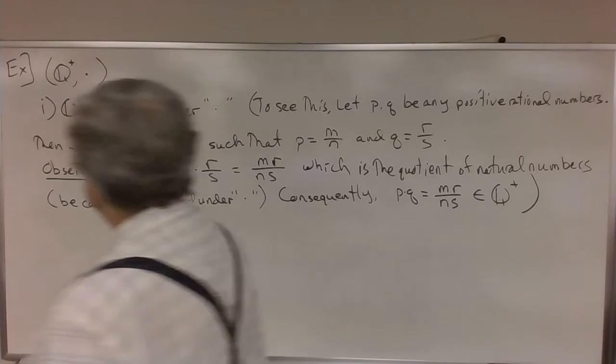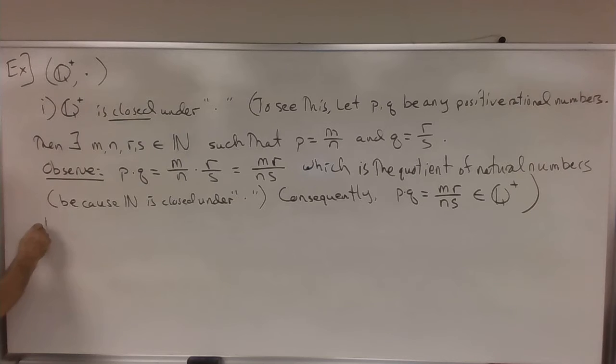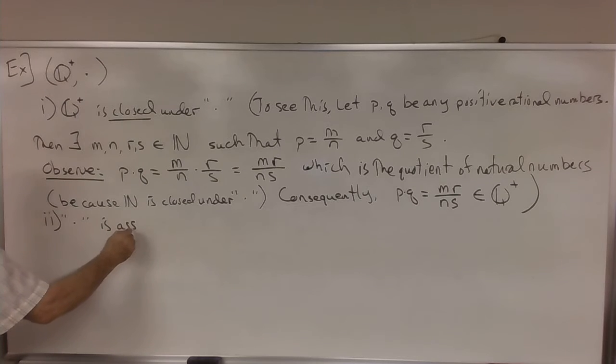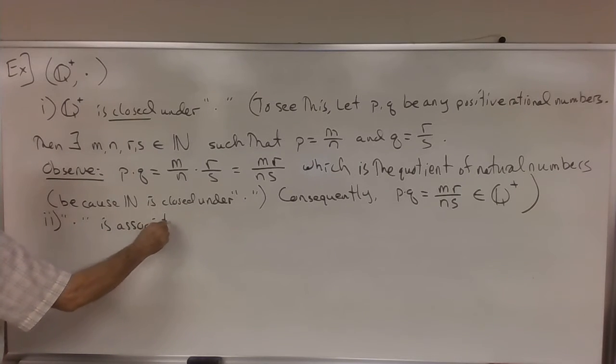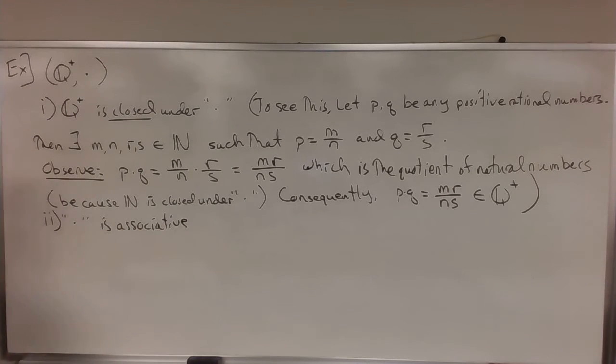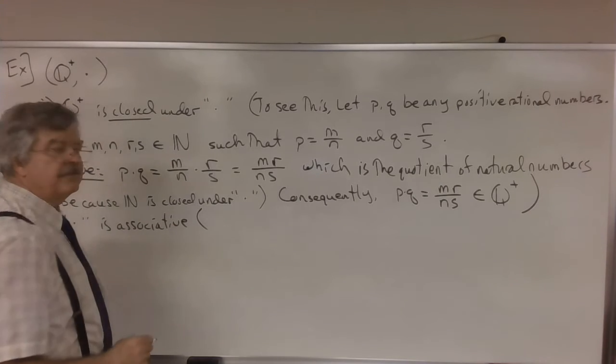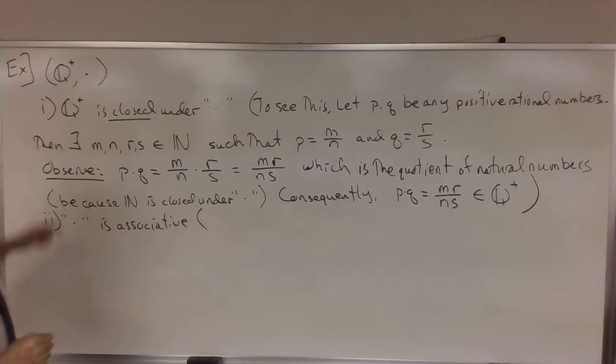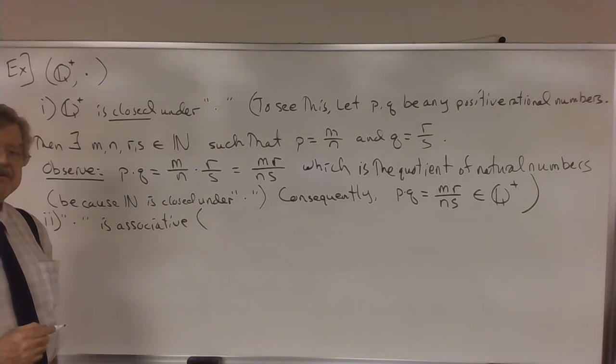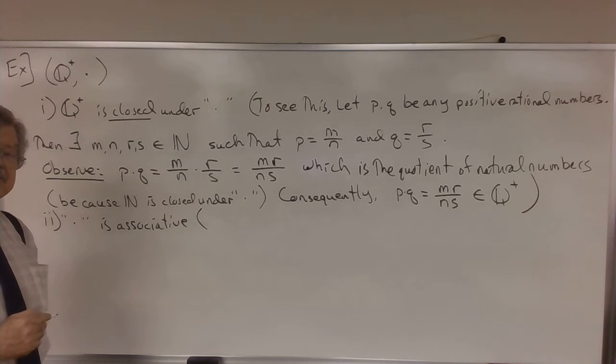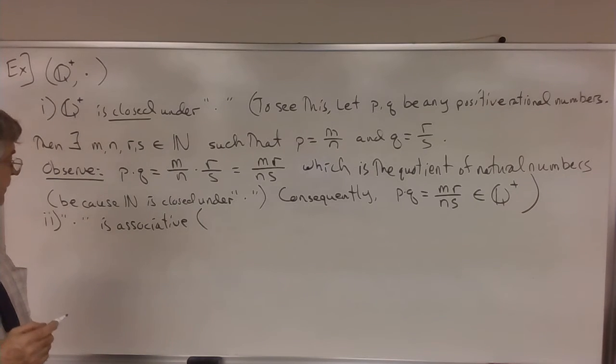Let's see, is this associative? Yes, and we'll use the fact that the positive rational numbers are a subset of the real numbers, and multiplication of real numbers is associative.